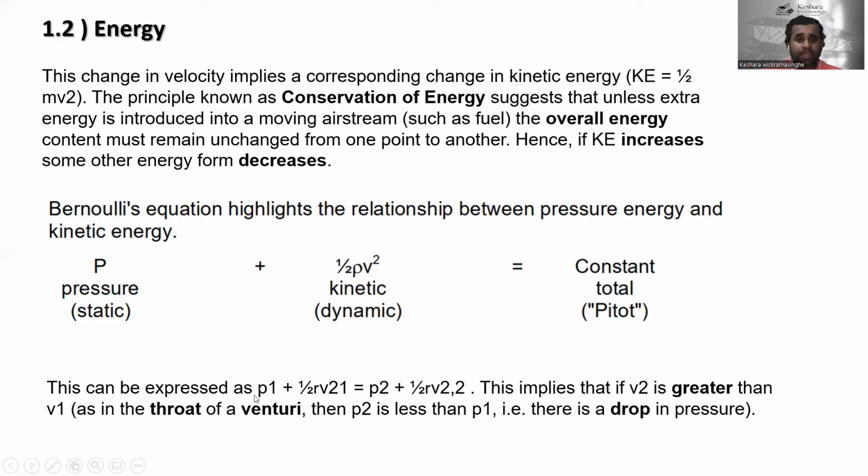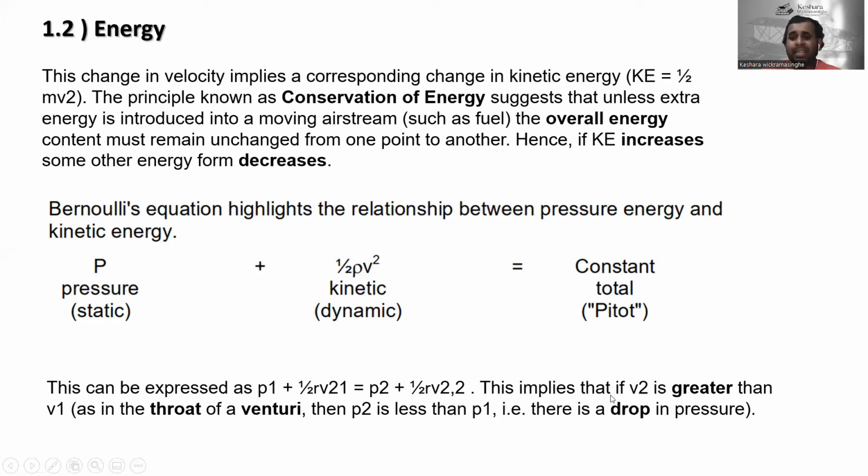This can be expressed as P1 plus half rho V1 squared equals P2 plus half rho V2 squared, the kinetic energy at point 2 and at point 1.